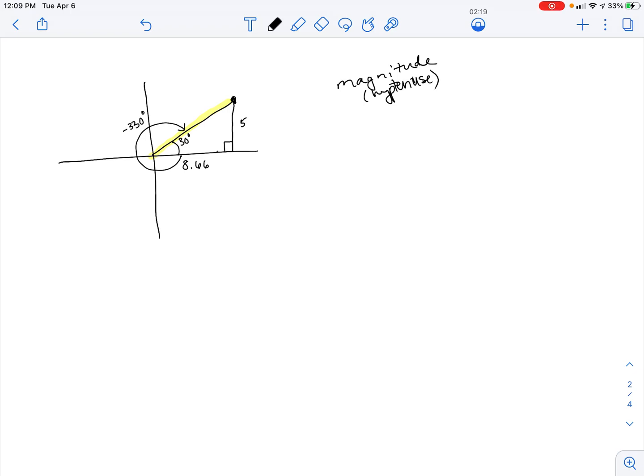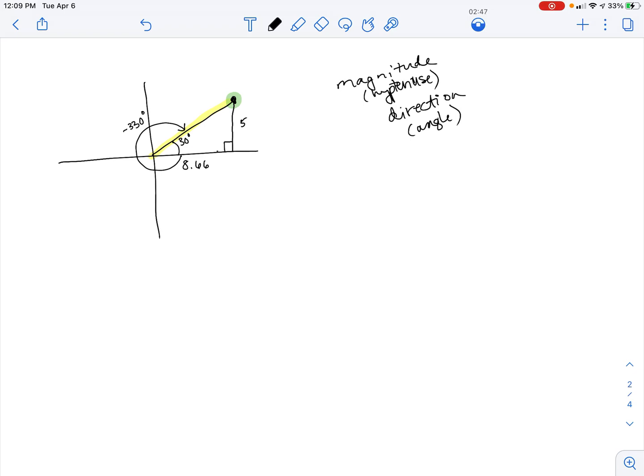And then, of course, the direction is talking about the angle. Whatever your angle's measurement is ends up being the direction. So it's all in discovering where this point is on your graph. Really, whenever we're solving these things, it's about the location of that point. We can use this vector to discover the point's location there.